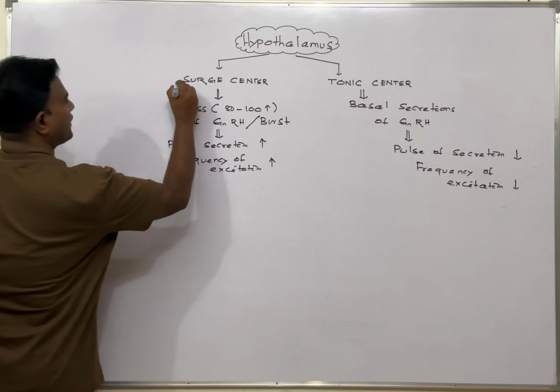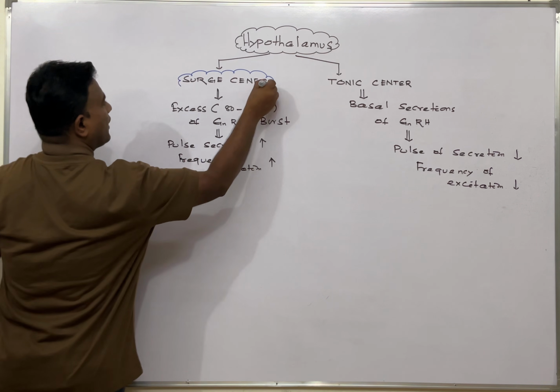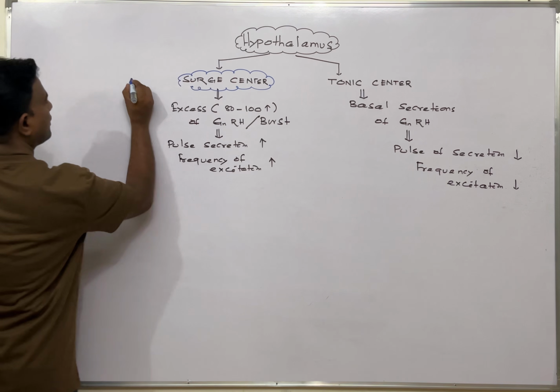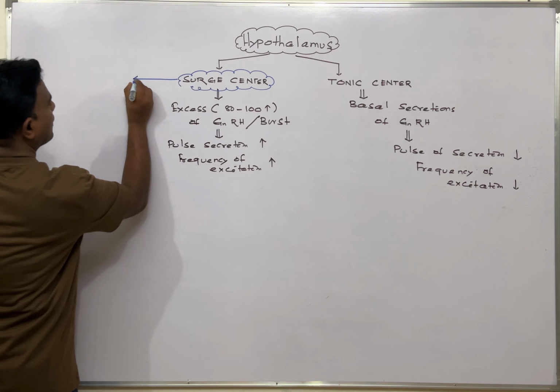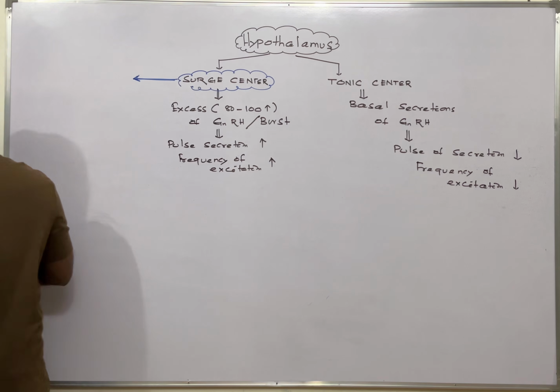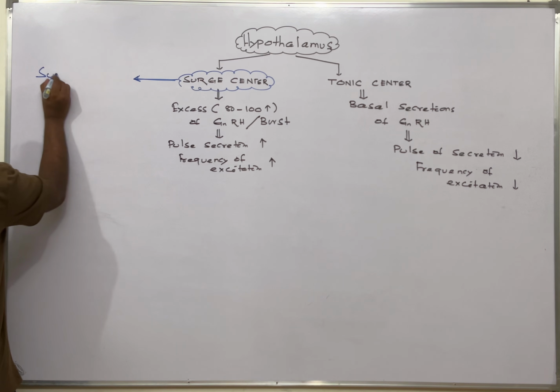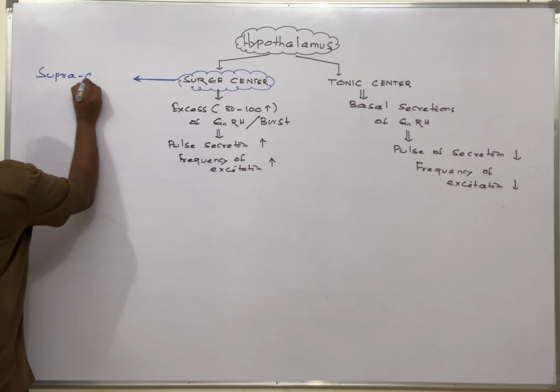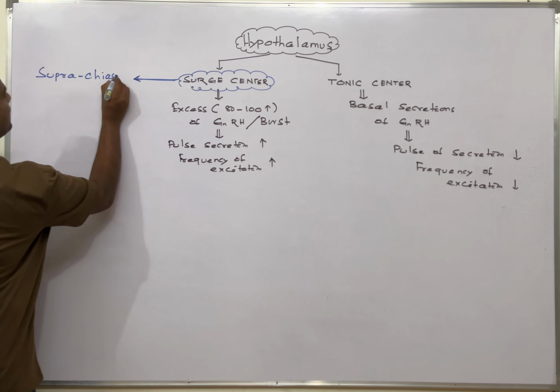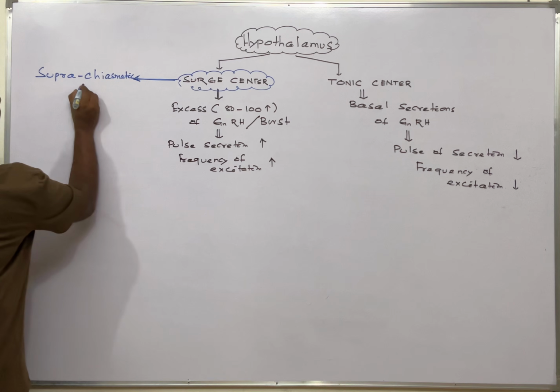The Surge center is located at two nuclei. This number one is important: the suprachiasmatic nucleus.